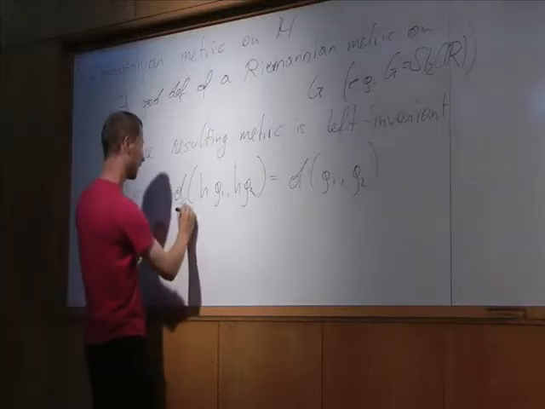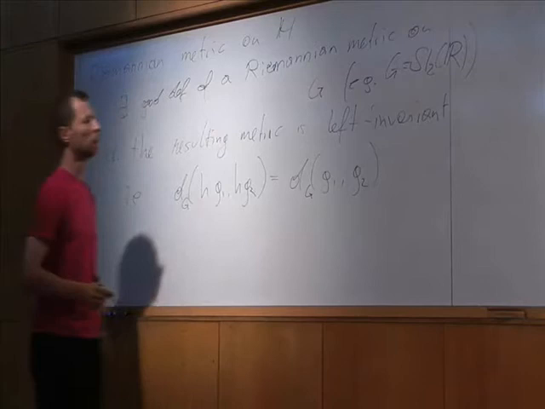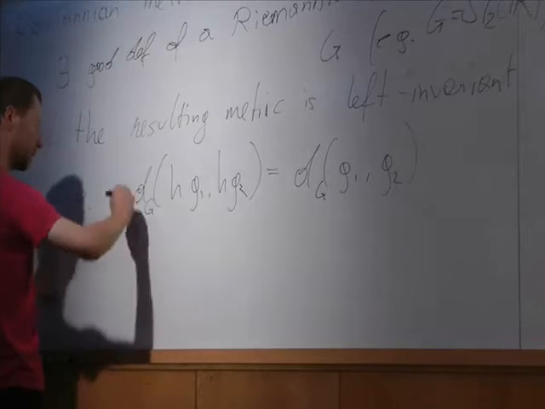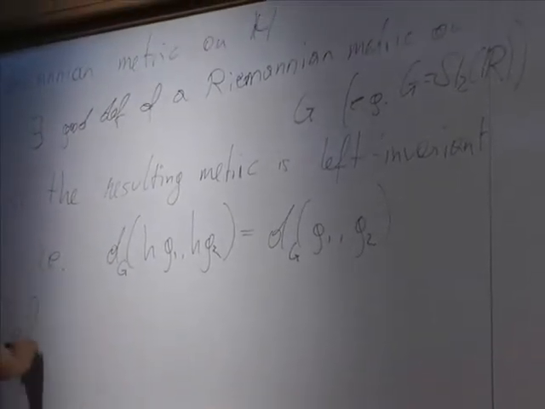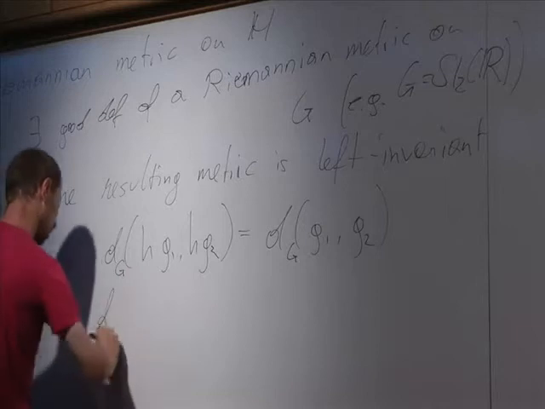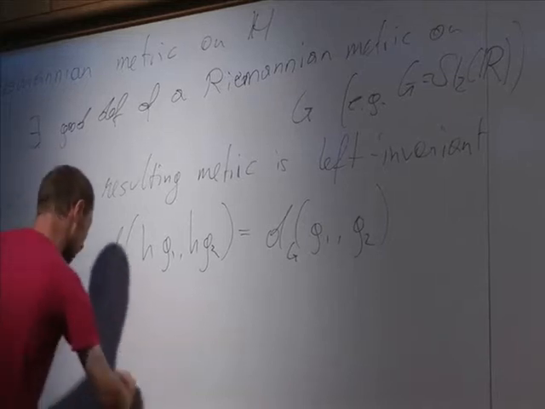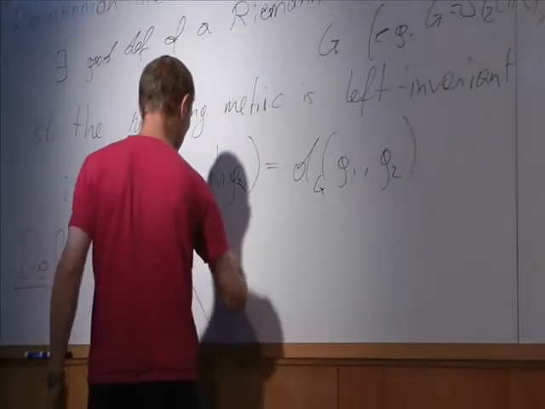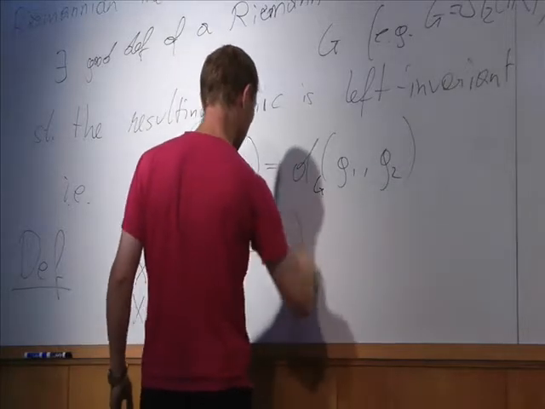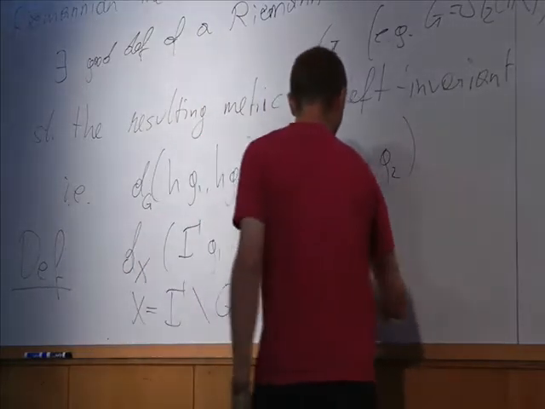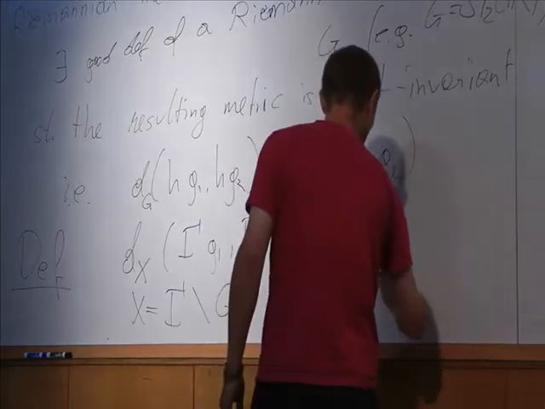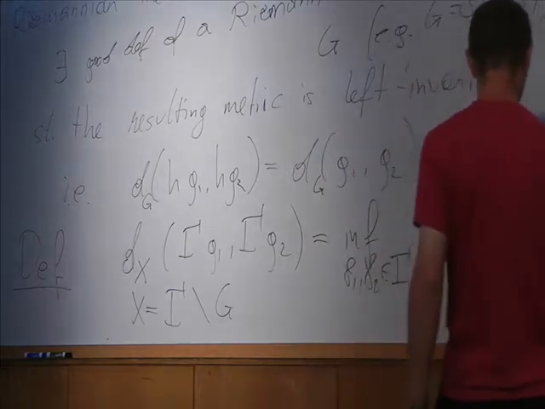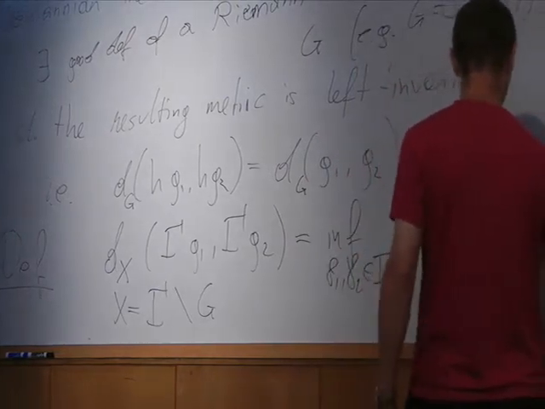And that would be the distance function that we want to use on the group. And now, using this property, you can define a distance function on X equals G mod Gamma, Gamma discrete, by taking the two cosets and then taking the infimum over all gamma 1, gamma 2 in Gamma of the distance d(gamma 1 g1, gamma 2 g2).